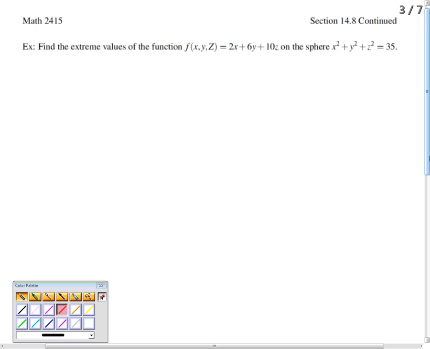It says find the extreme values, so I want a maximum value and a minimum value. So I'm going to maximize and minimize f of x, y, z, subject to this.